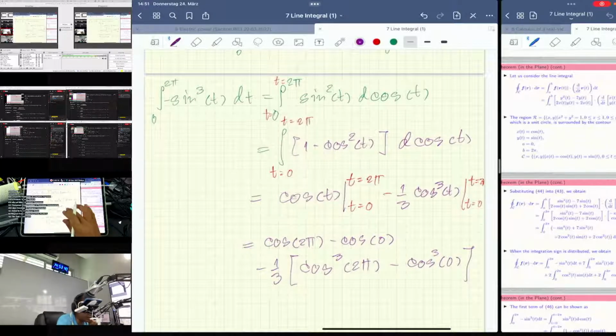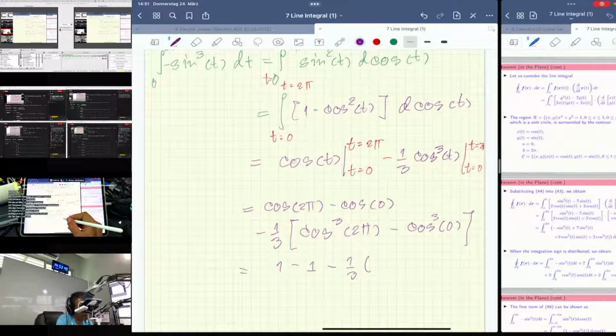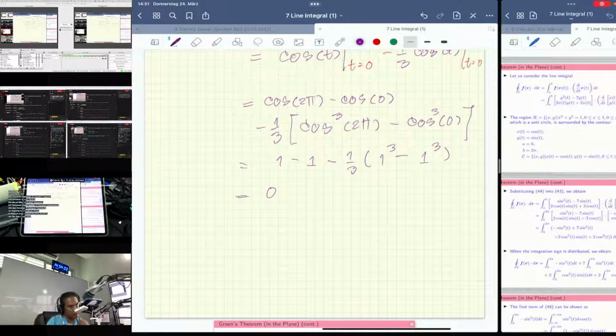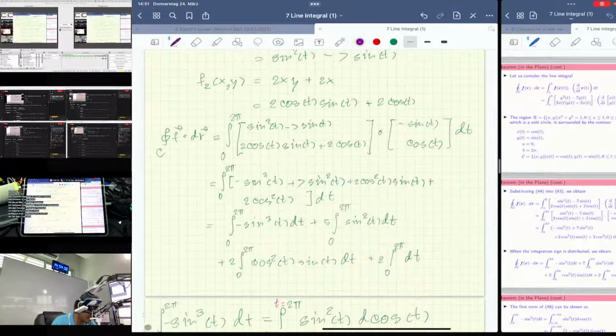And yes, of course, you get 1 minus 1, 1 by 3. And this term is 1 with the power 3, minus 1 with the power 3. And of course, finally, you will end up with 0. Okay, the first term is 0.